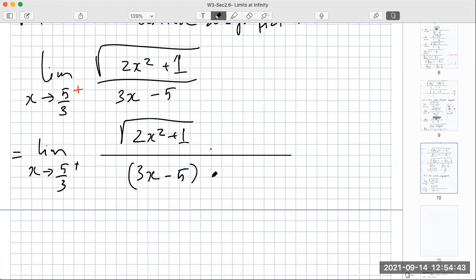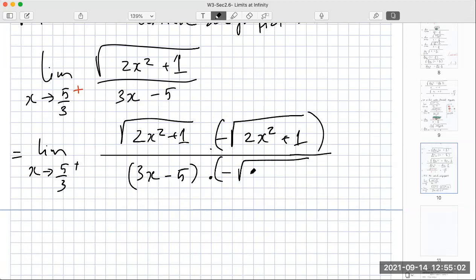What did you suggest? I said that we multiply negative of the square root. Let's see. You mean this term? How about others?